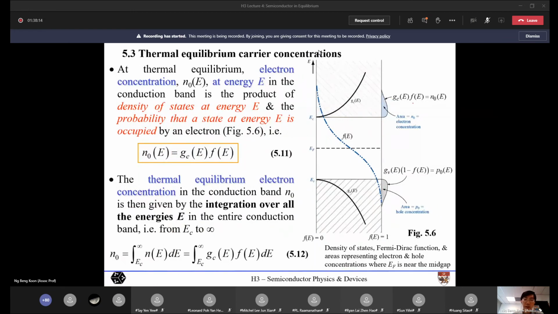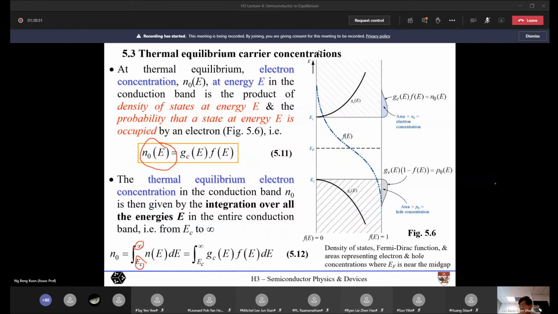So to find the total number of electrons in the conduction band, we integrate this N0 function from EC, the conduction band edge, to infinity. You go all the way up as far as you can.